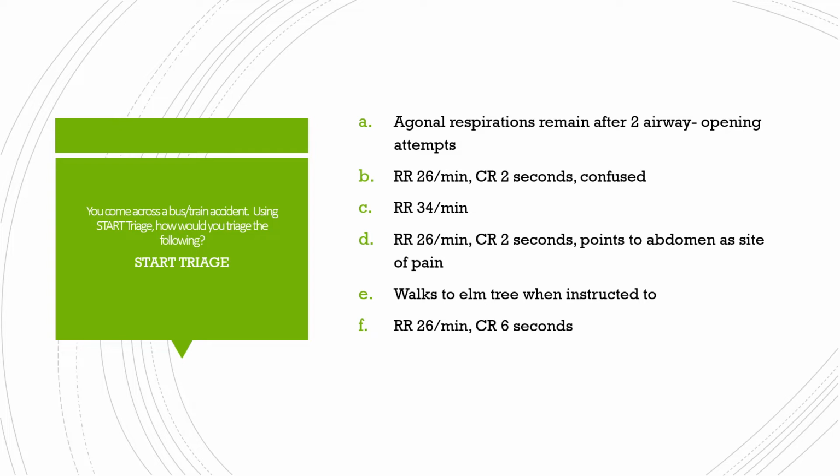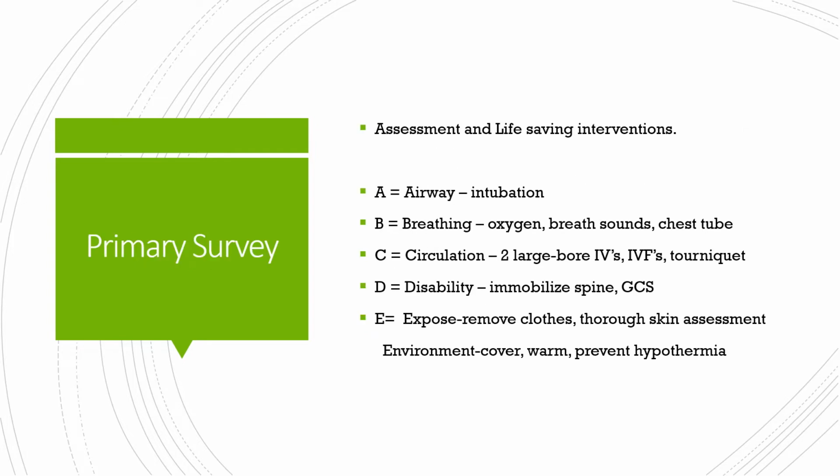Okay, so after you've completed the START triage, then everybody has to go through the primary survey, and that's everybody, the green people as well. This includes assessment and life-saving interventions.